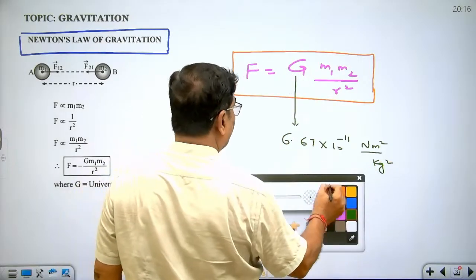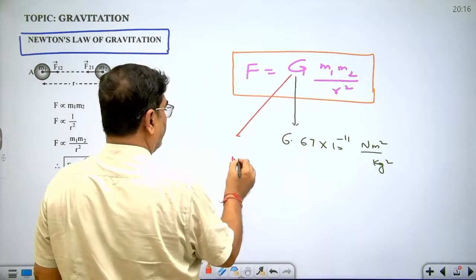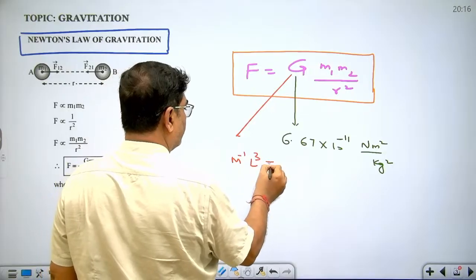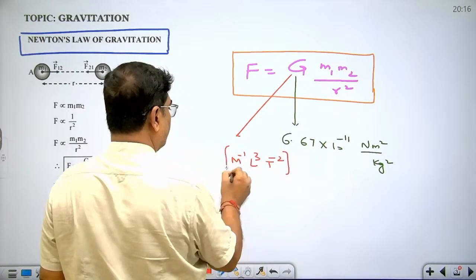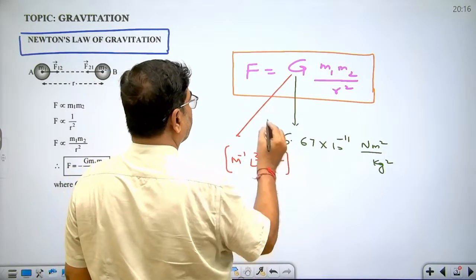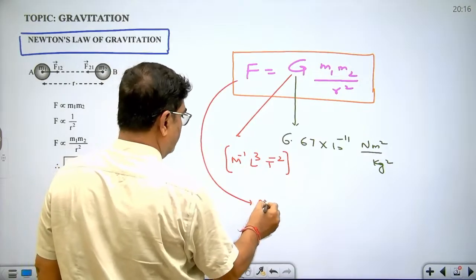The dimensional formula is M power minus 1, L power 3 and T power minus 2. The gravitational force is a medium independent force.